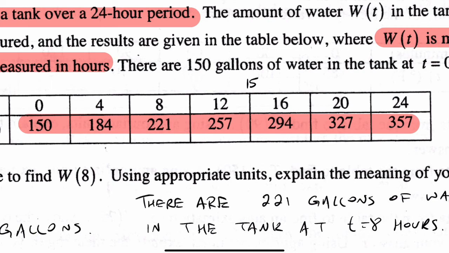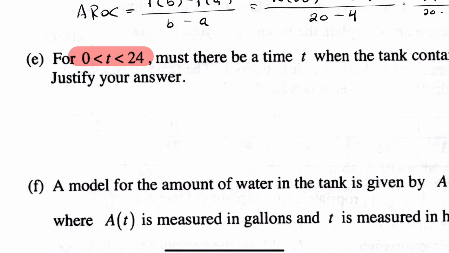But at some point in this 24-hour period, W of t equaled every single number between 150 and 357. Now, it might be common sense that this is true, but how do we know for sure? Well, there was a theorem that we looked at that guarantees this has to be true. That theorem is the intermediate value theorem.